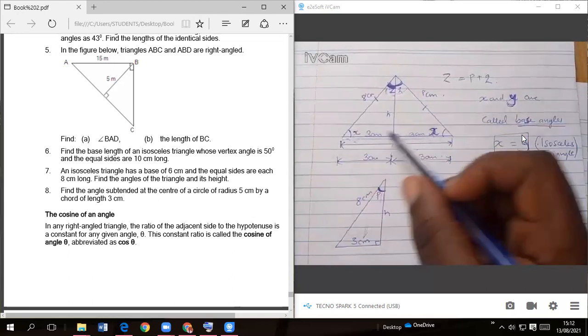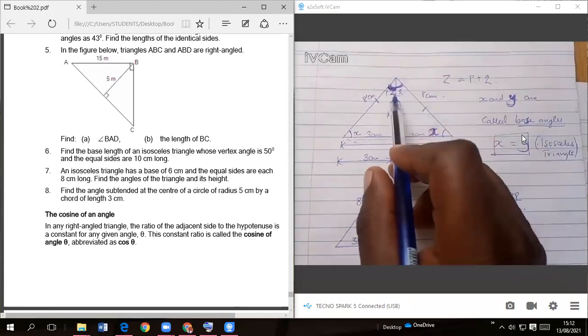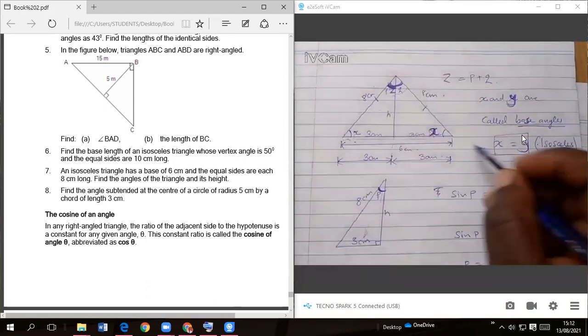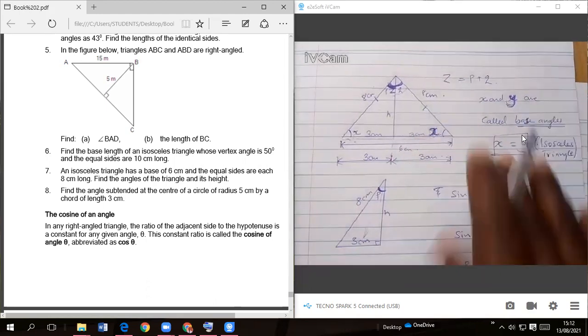So I'll have X plus X plus Z is equal to 180. Why have I changed this one to X? Because I say that X is the same as Y, which was here. So they are the same.